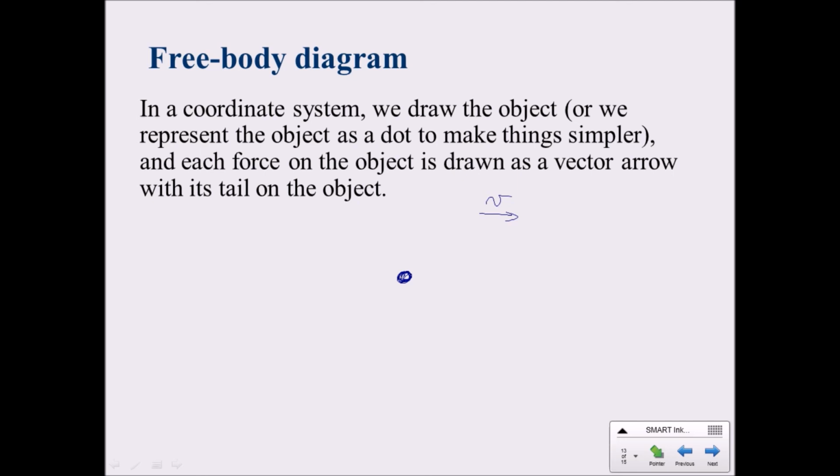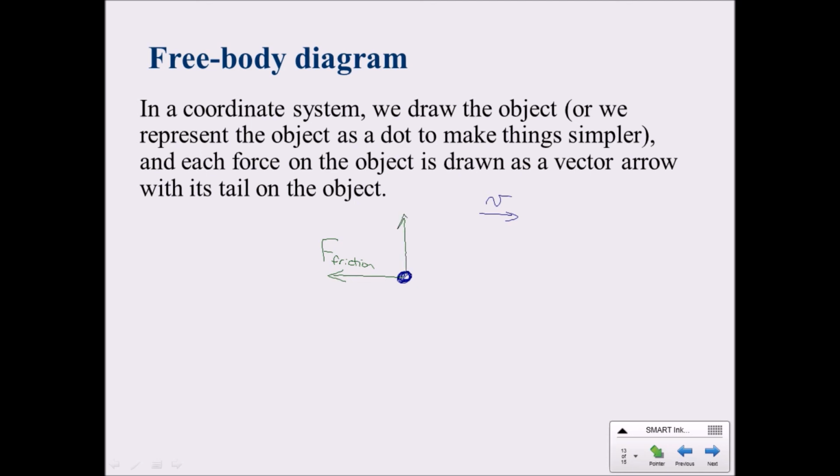So in a free body diagram, we draw the individual forces. We're going to have a force of friction acting on the object. So we draw that arrow, we draw the tail of the arrow on the object. That shows that this force vector is acting to the left.